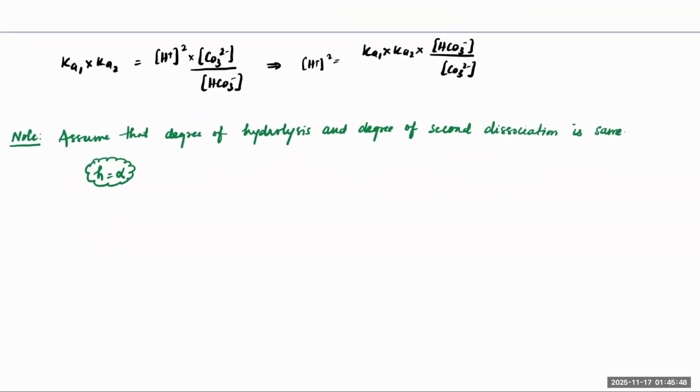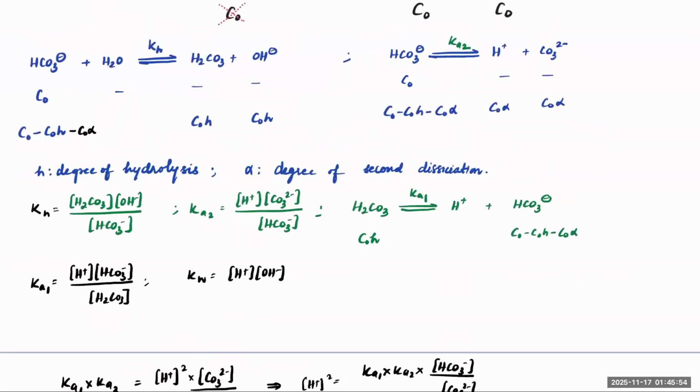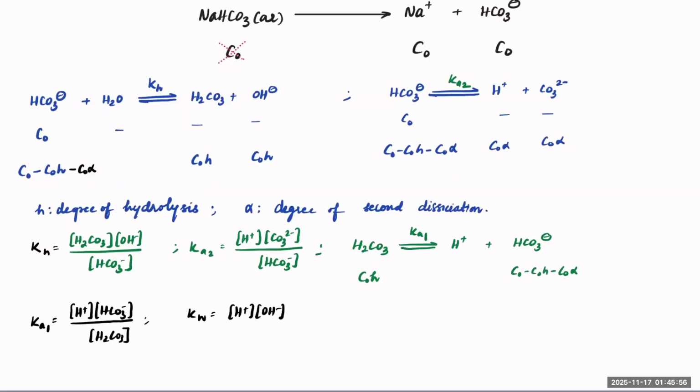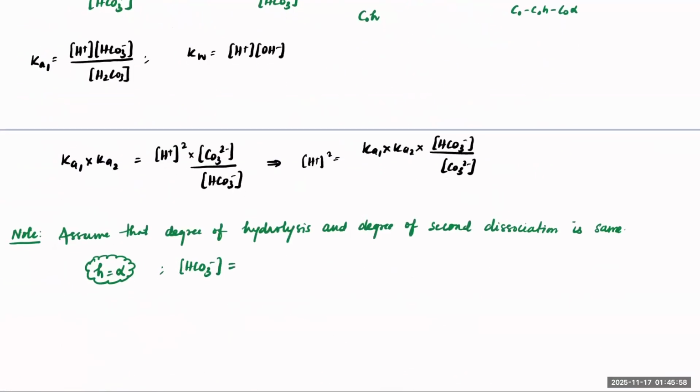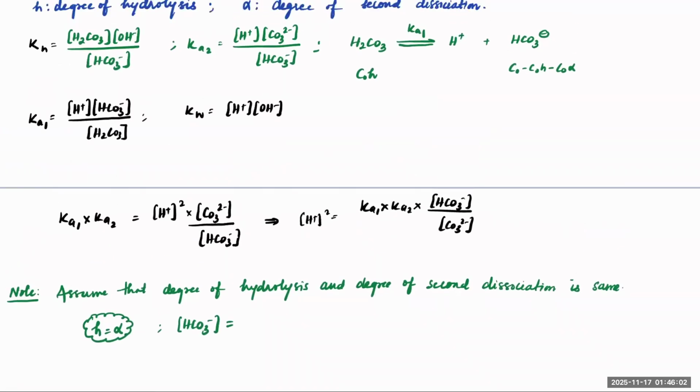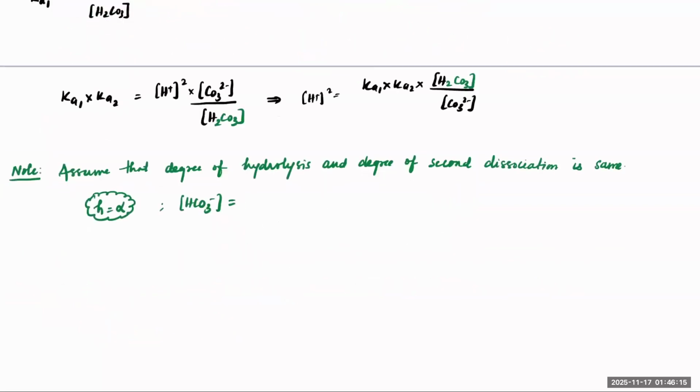If you take that, now what will be the concentration? Go back and check the equations here. H2CO3, sorry, I made one mistake here. It should be H2CO3. This is H2CO3 concentration. Here also it is H2CO3. Yeah, right.